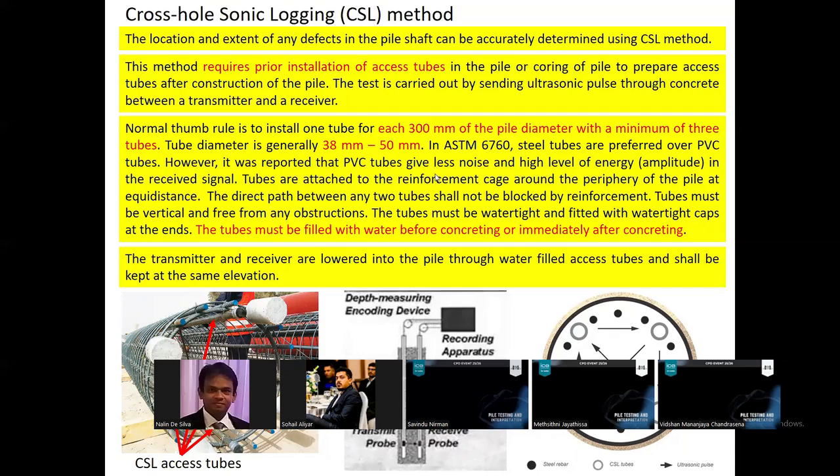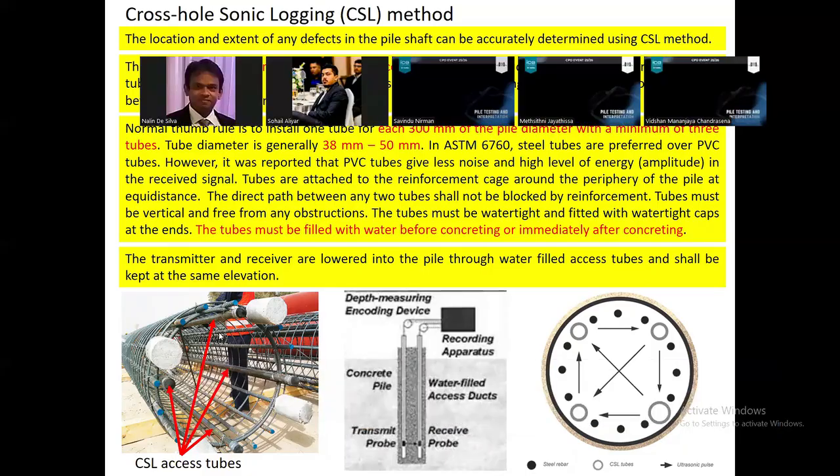So a better signal response is detected if PVC tubes are used, right? These tubes must be filled with water before concreting or immediately after concreting. Otherwise, debonding will occur, right? After the tubes are installed and the pile is cast, we can conduct the sonic logging test.